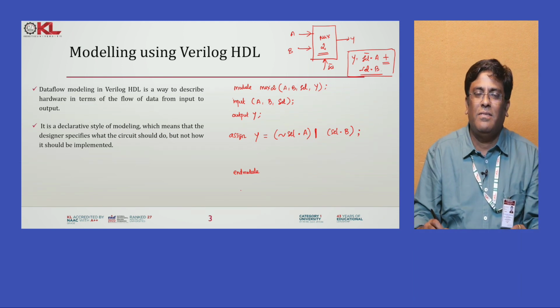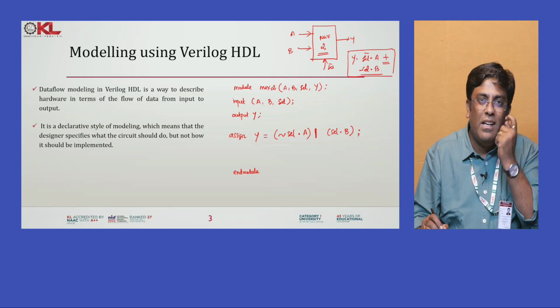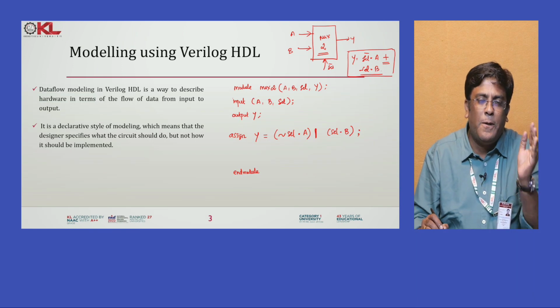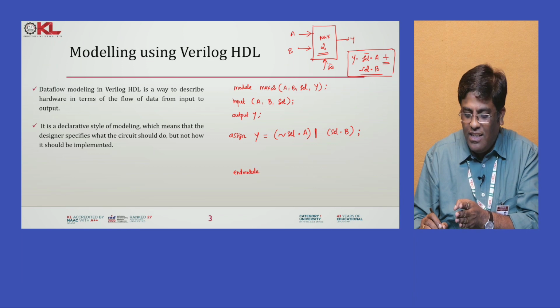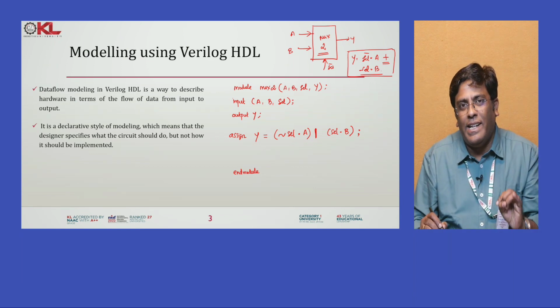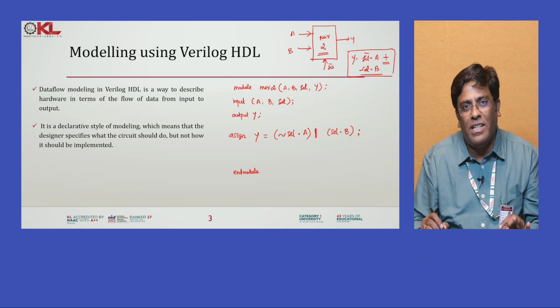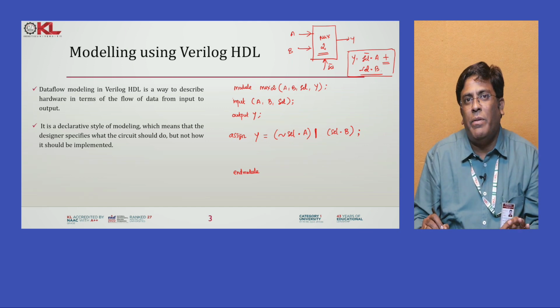It's very simple. When you compare with gate level or structure level modeling, if the designer knows the Boolean expression, he can directly write the program over here. He need not worry about the logic diagram, how many logic gates are available, how many physical links are available between one logic gate and another gate, or whether we give a name properly or not.